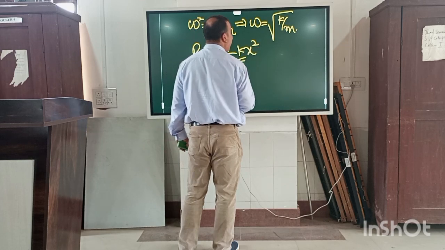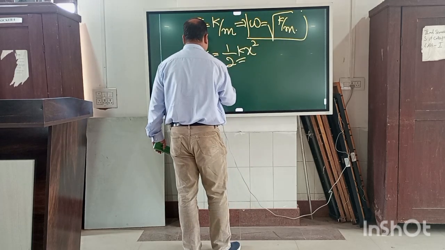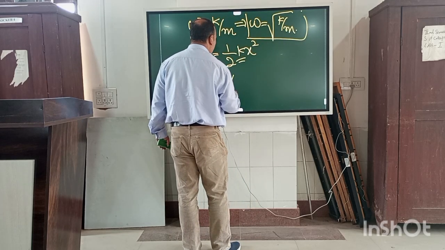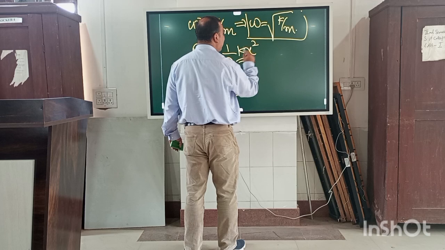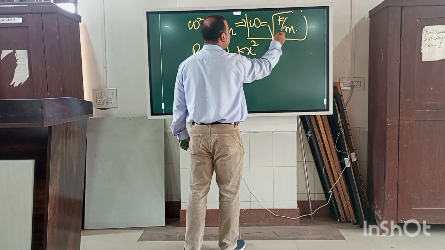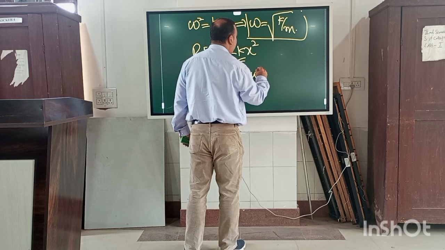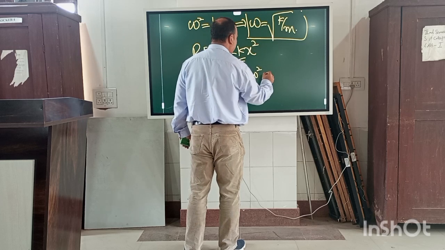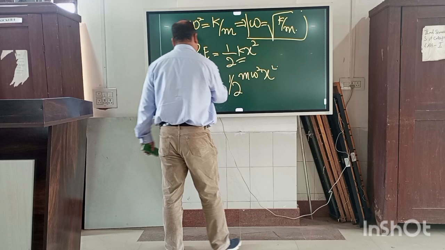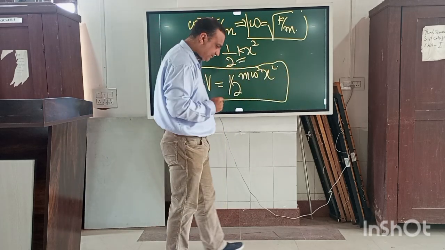So for k, I can use k from this equation, and the potential energy V will be 1 by 2 m omega squared x squared. So this is our potential energy of the system.